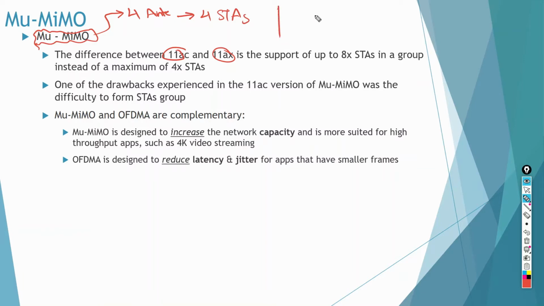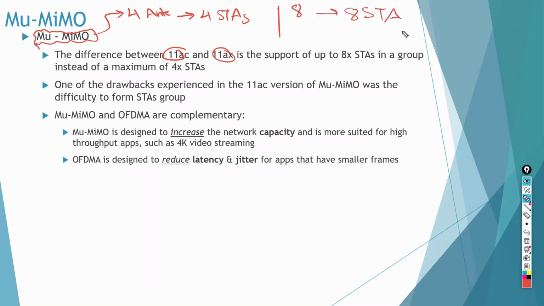In 11ax, we are using 8 antenna elements. So with the same assumption, if we are using 1 antenna element or one spatial stream, because antenna element refers to having 1 spatial stream, then we could support 8 stations.